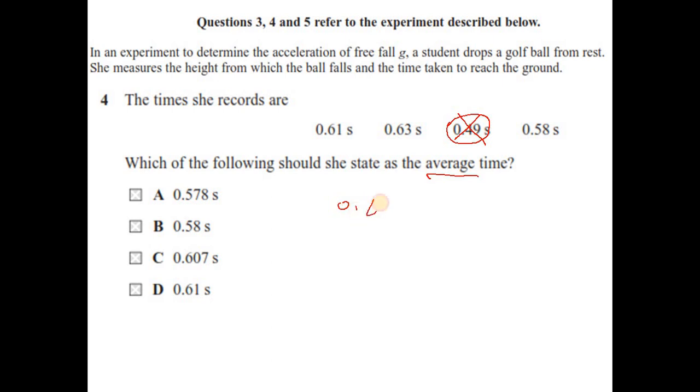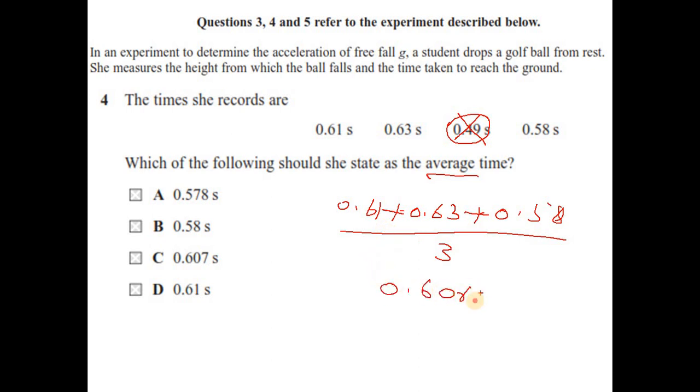So 0.61 plus 0.63 plus 0.58, divided by 3. You will get your answer as 0.6066. You round it off, so 0.61. Option is D.